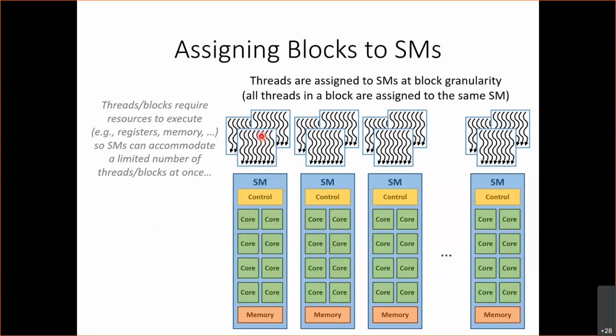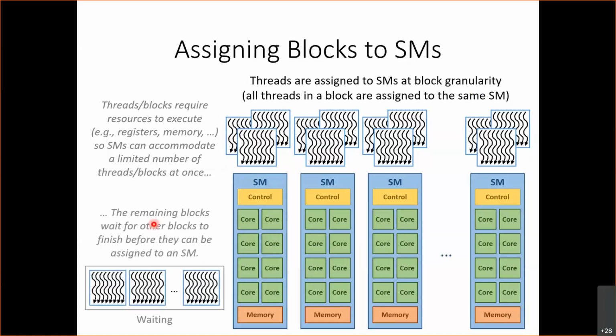Because each SM has a limit, we can only have a limited number of thread blocks running on the entire GPU at once. If we launch a grid that has more blocks than we can run simultaneously, the remaining thread blocks are going to sit in some queue and wait for their turn.